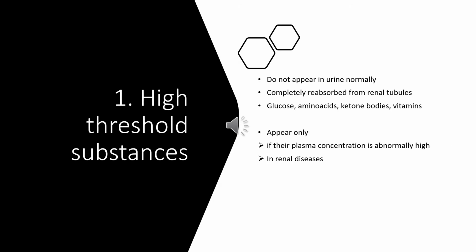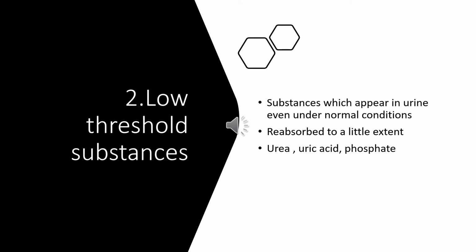High threshold substances are those which are completely reabsorbed from the renal tubules and are normally absent in the urine, and they appear only if their plasma concentration becomes abnormally high, or if due to some renal diseases their reabsorption is affected. So they are called high threshold substances. For example, glucose, amino acids, ketone bodies, etc.